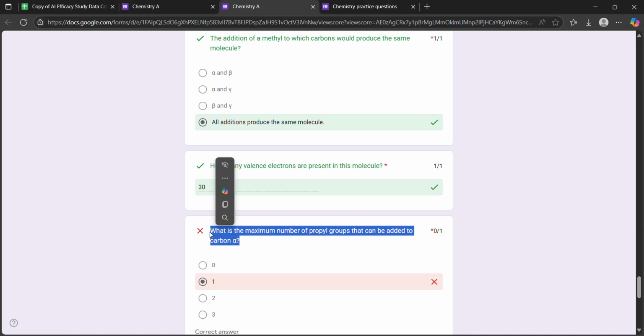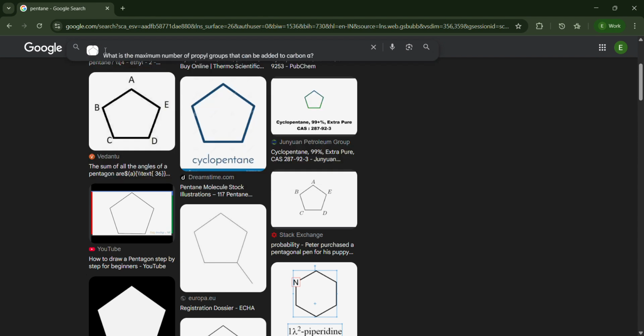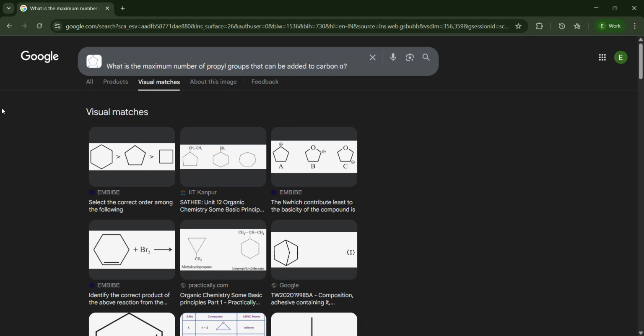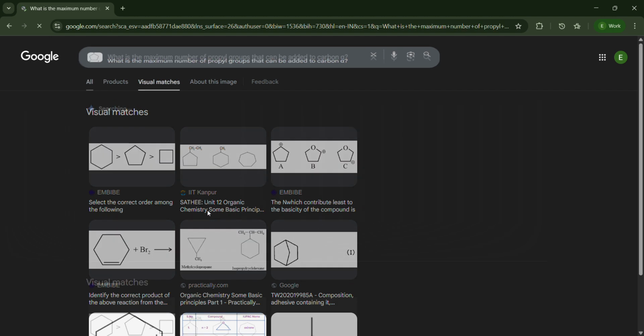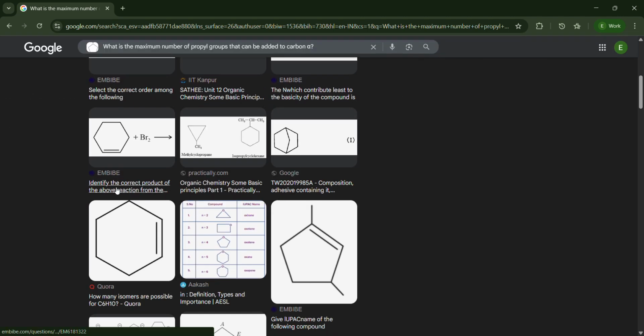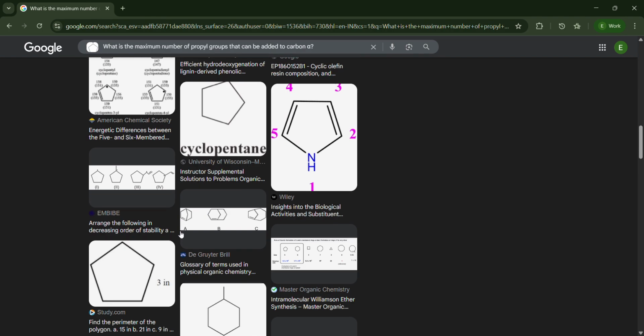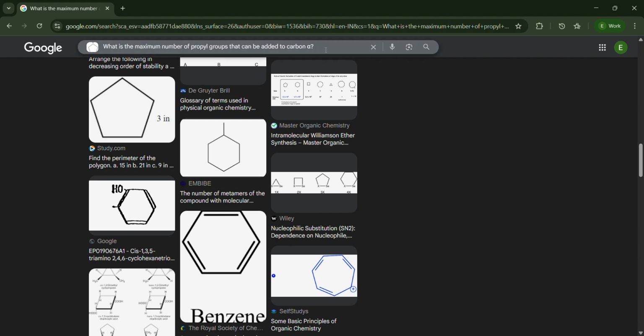Let's search this question. Carbon alpha in a pentane.